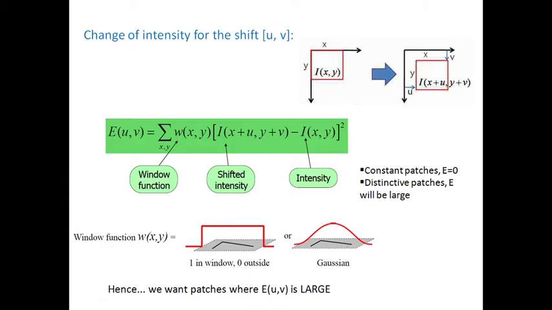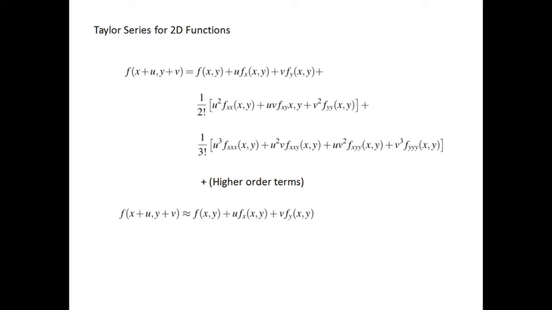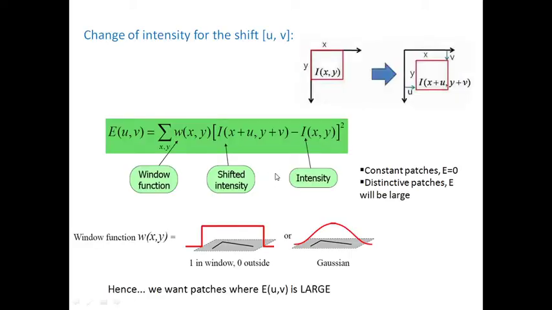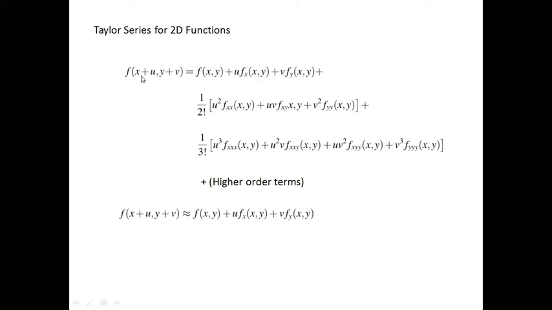For this we take the Taylor series into consideration. The expression I of x plus u comma y plus v can be expressed in a Taylor series in this manner. We know f of x plus u comma y plus v equals f of x comma y plus u into fx of x comma y plus v into fy of x comma y.